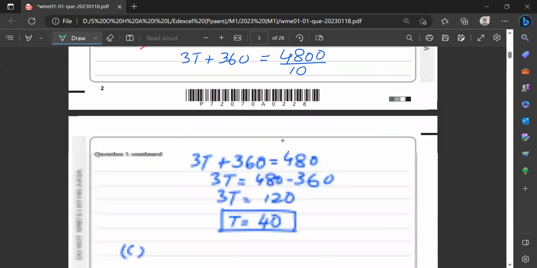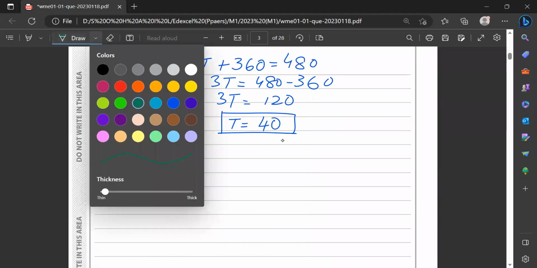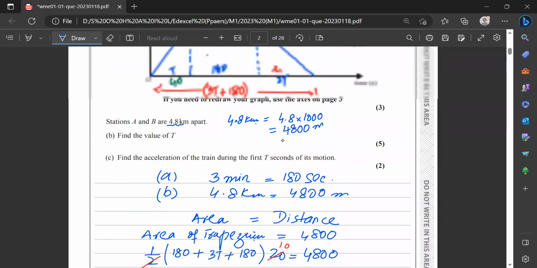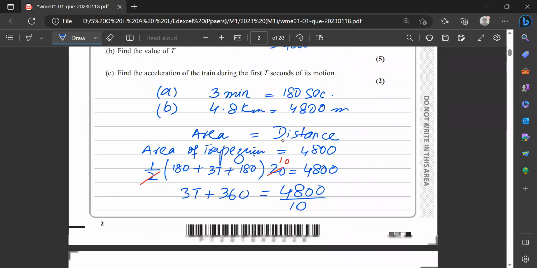So using the idea that for the speed time graph, acceleration is the gradient, or gradient is the acceleration. So I can write a, and the gradient is simple, rise over run, 20 over 40.